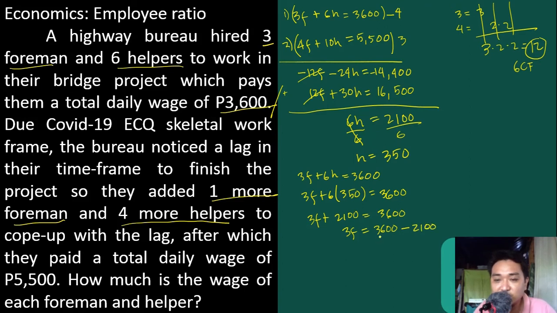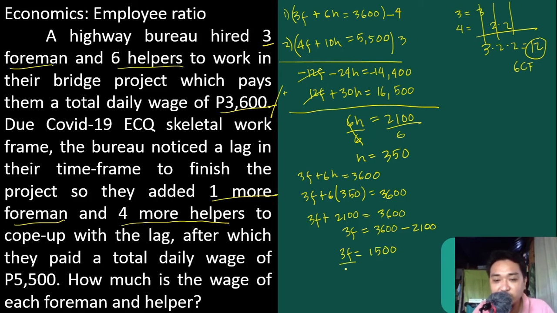O, bakit negative 2,100? Kasi transpose natin si positive 2,100 sa kabila. Ayan. So, here we have 3F is equivalent to 3,600 minus 2,100, that is equivalent to 1,500.